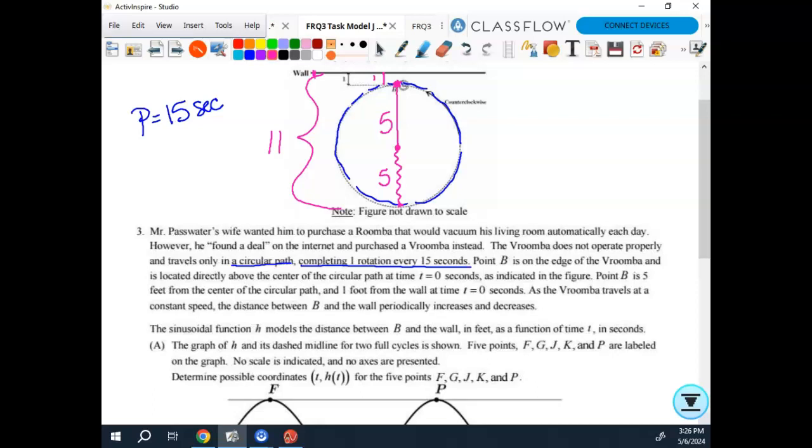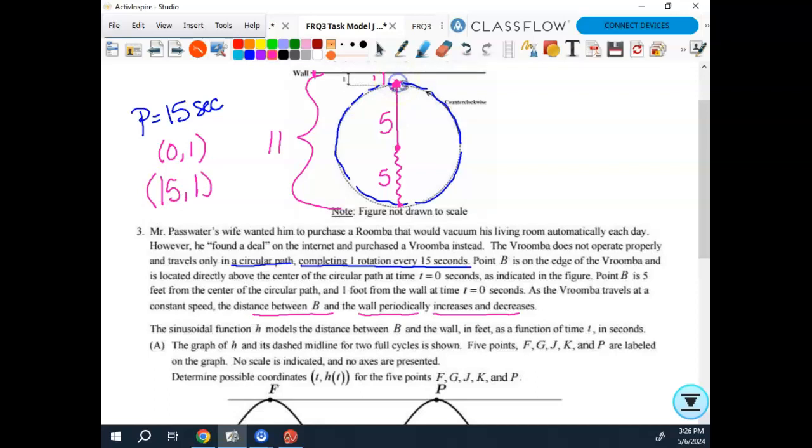As the Roomba travels at a constant speed, the distance between B and the wall periodically increases and decreases. So it starts here at 0. So at 0, we are 1 foot away. Also, since it takes 15 seconds, at 15 seconds, we are 1 foot away. Think about that. This is at 0.